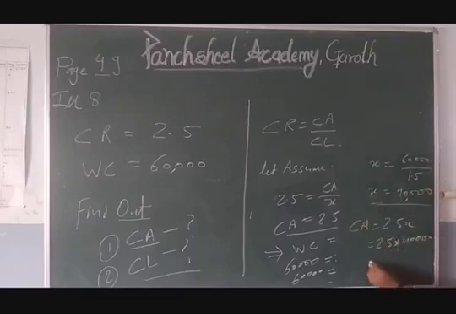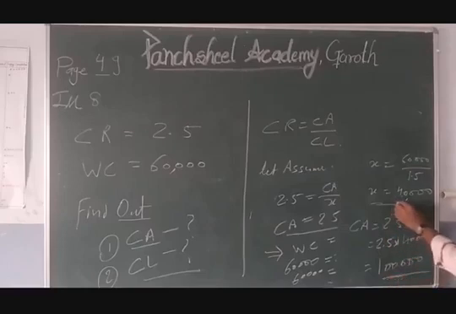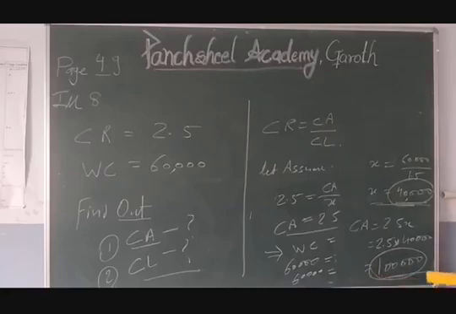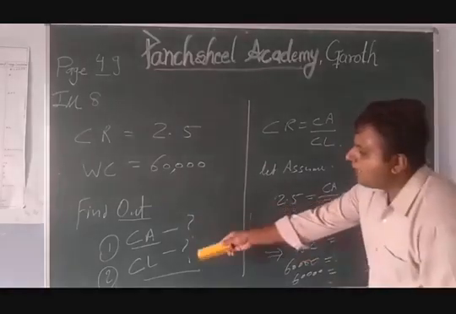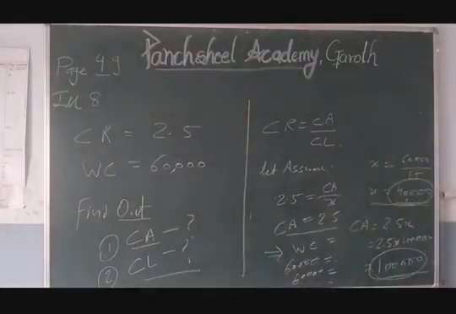How much does it come? So here our current asset is 1 lakh and current liability is 40,000. Understood? The question asked us for finding current asset and current liability.